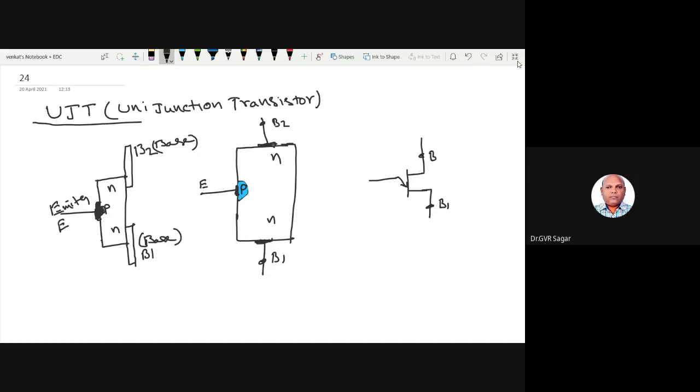This is base 2 and this is the emitter. The arrow mark is bending and showing towards the base 1 line. This is the symbol for the UJT. Now I want to operate this device. Generally, a voltage is applied between base 1 and base 2.